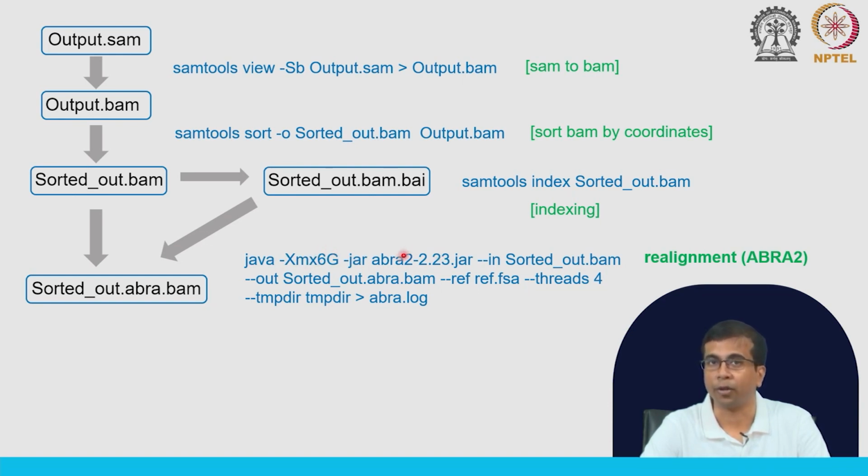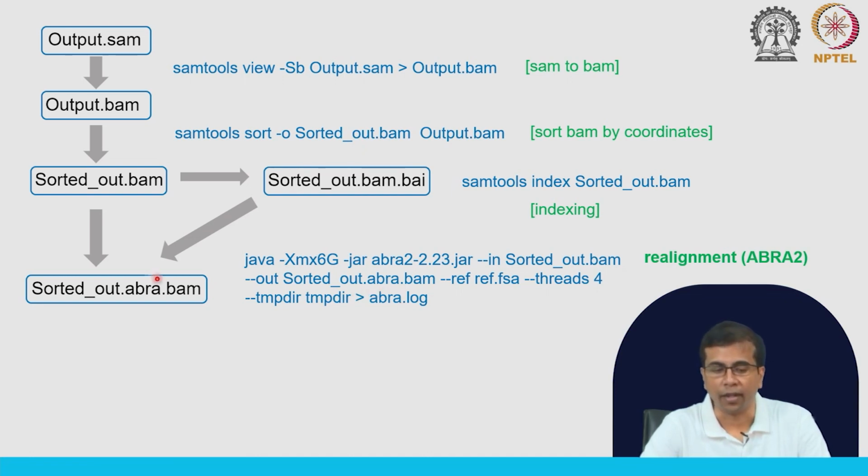Then we are calling the program, version 2.23, and we are specifying the input file name, the output file name, and the reference file name, which is the reference sequence. Then the number of threads that you will use to run on the processor in the computer. Then we have also created a temporary directory, where this log will be generated.